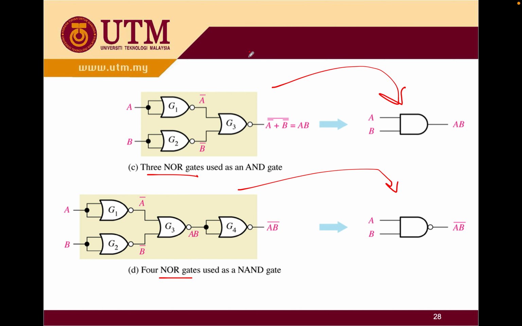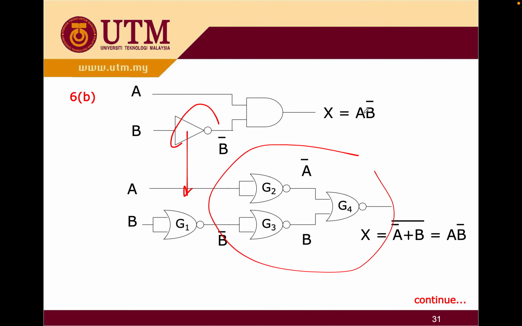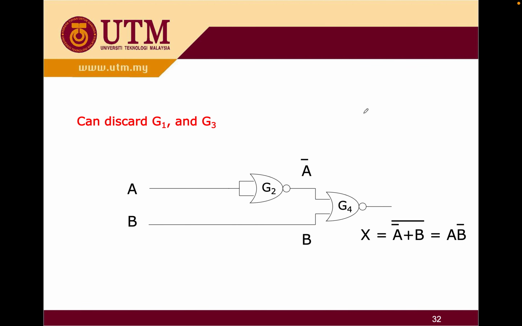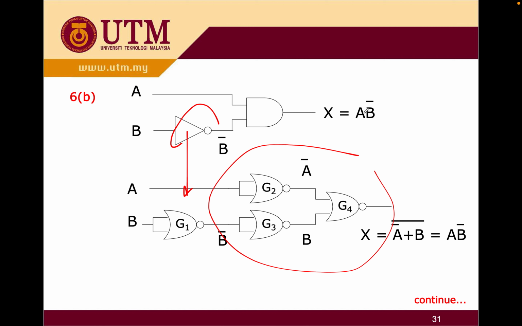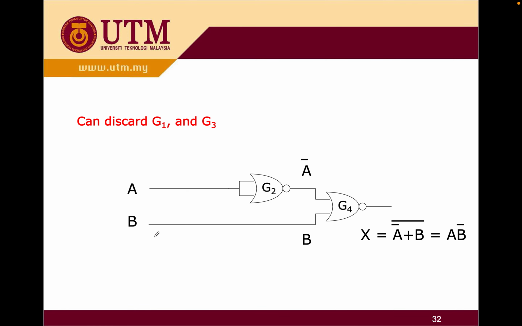You can see this is your NOT gate, and this is the representation of the AND gate. Okay, I forgot. You can see here this one can cancel each other, and that is your final answer.